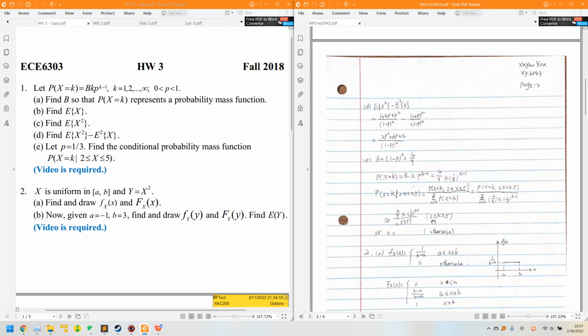This is the case where k is greater than or equal to 2 and less than or equal to 5, and for other k values, the probability should be 0.